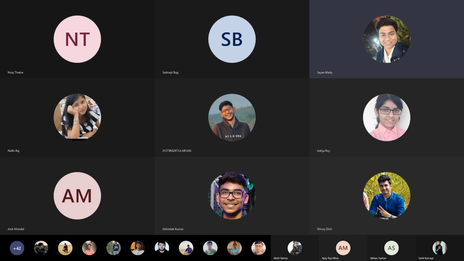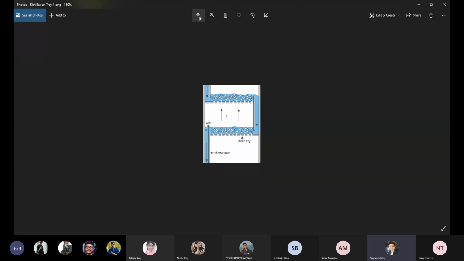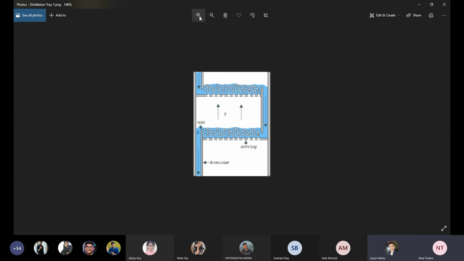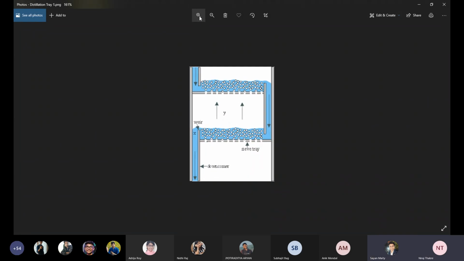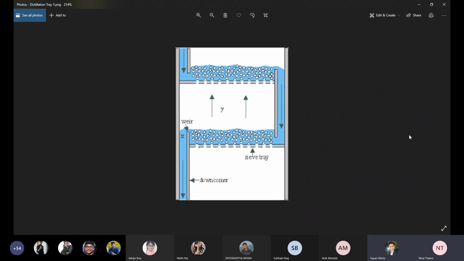Sir, can it be any membrane kind of thing which allows only vapor to pass and not the liquid? No, how can a membrane retain the liquid? His question is only vapor is moving up, liquid is not moving down through these holes. Anyone can give the answer?